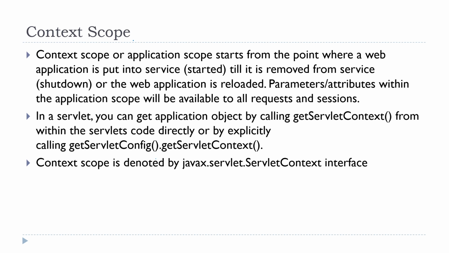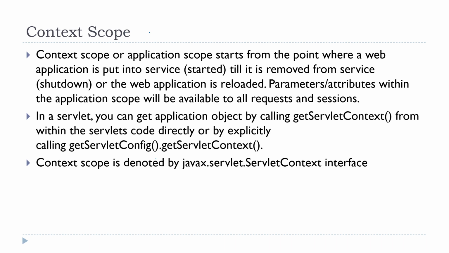In that case the context scope will end, and a new context scope will start when the application is reloaded. The attributes within the context scope will be available for all requests and all sessions in that application.